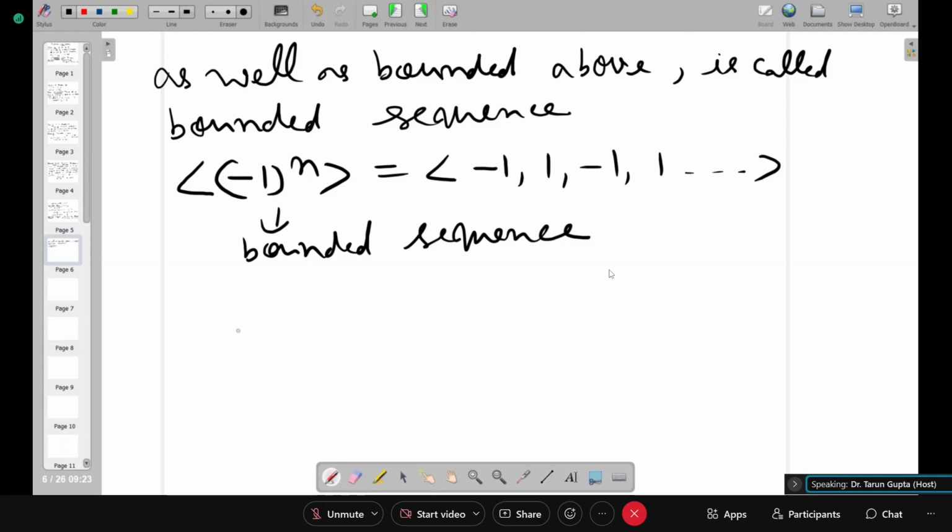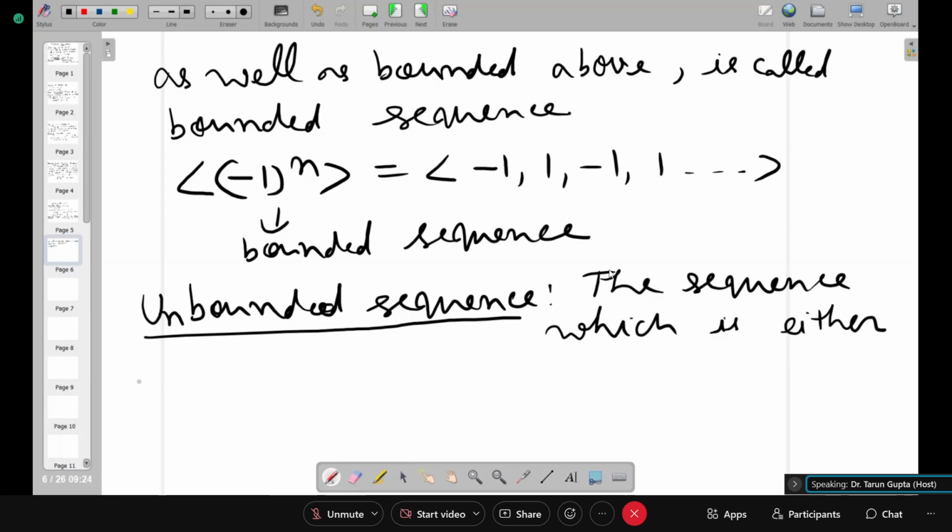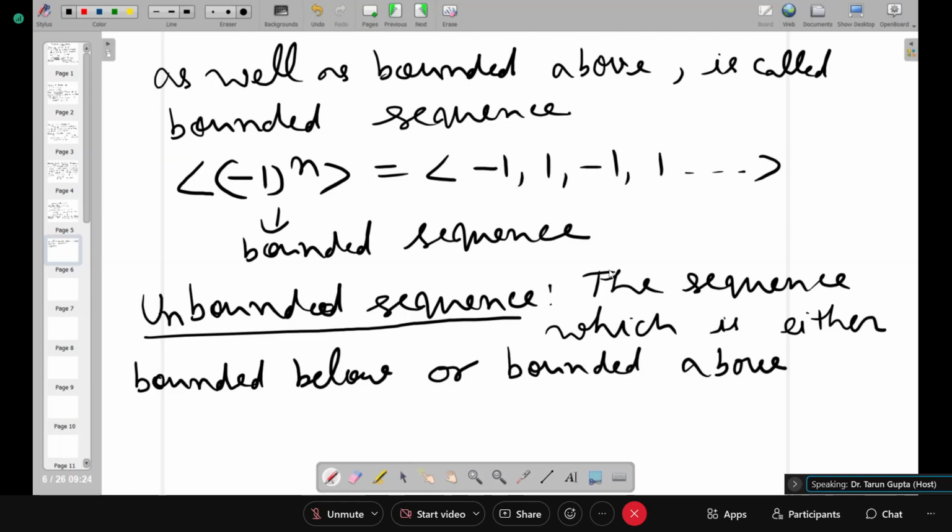Now unbounded sequence. Which means the sequence is either only bounded below, where the bounded above element does not exist, or only bounded above, where the bounded below does not exist, or none.